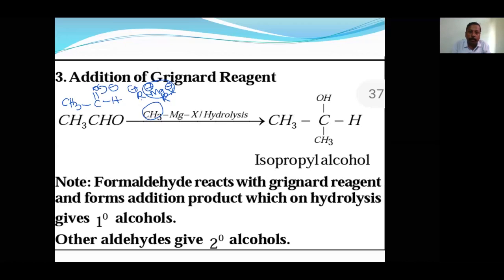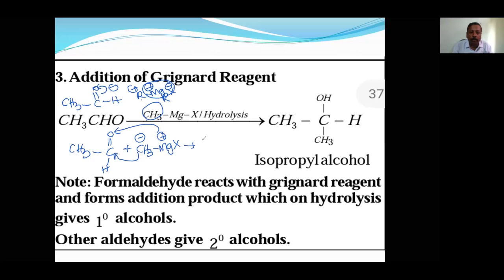Like here the methyl group is there. I am writing it clearly now. Listen, check here carefully. It will be used everywhere. CH3MgX, this will be positive and this will be negative. So the methyl group will go and attack here.